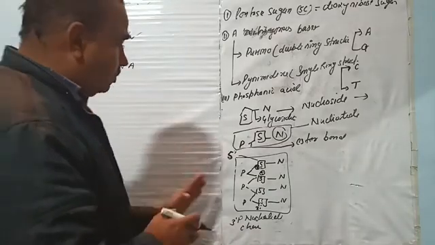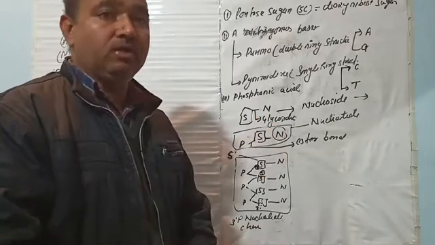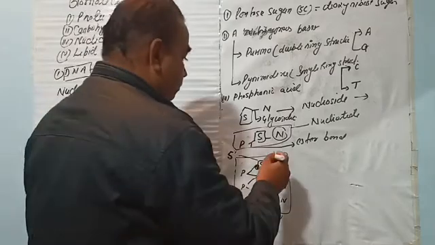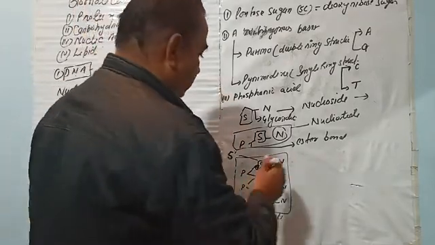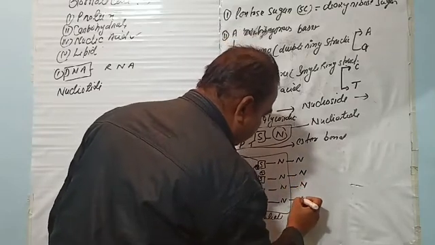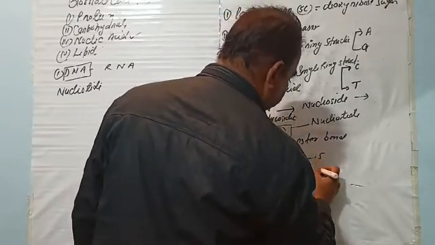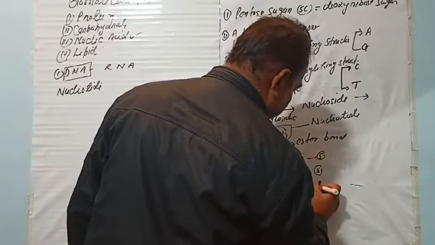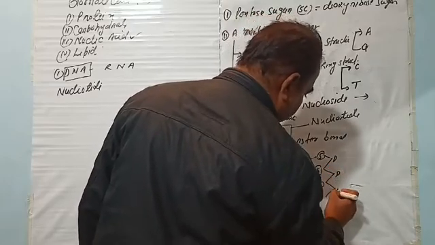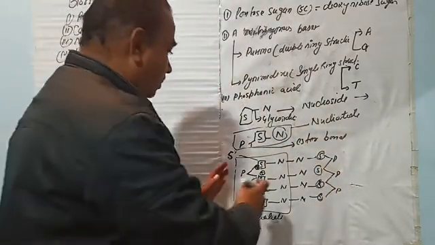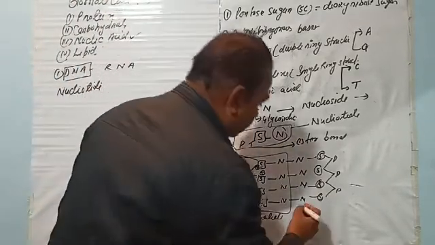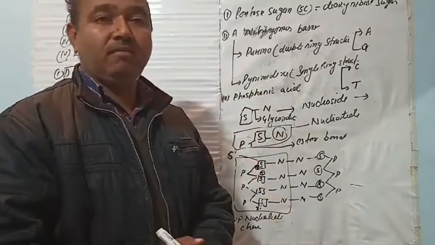And when two nucleotide chains are linked together by hydrogen bonds between the nitrogenous bases, like here this is N, this is N, this is N, and this is N. This is the sugar, this is the sugar, that can be joined together by the phosphate group. So when two nucleotide chains are joined together, then a polynucleotide chain is formed.